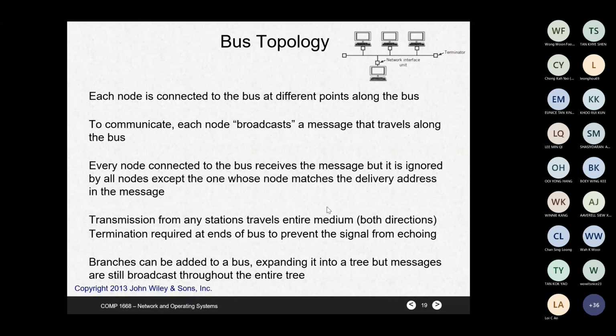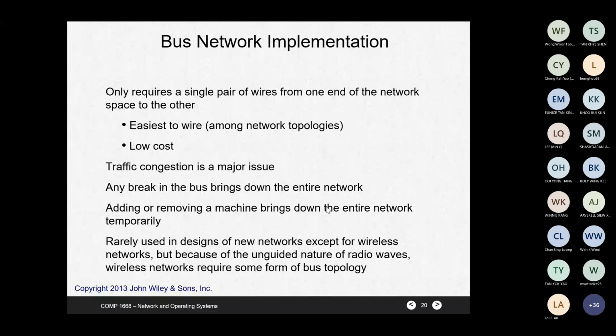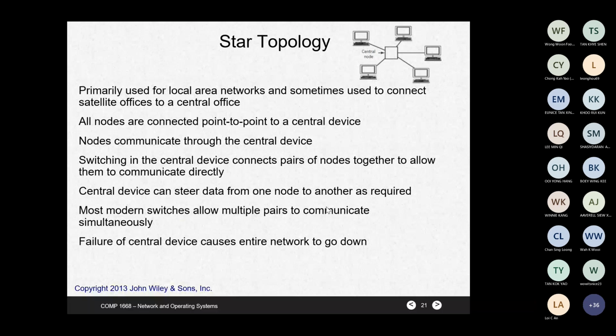Bus network implementation, please read through on your own. Star topology is still being used until today, very popular, very reliable, and you should understand how it works and what devices are being used for star topology. We will come back to this in our discussion at a later stage. But for now, make sure you understand the topology itself.